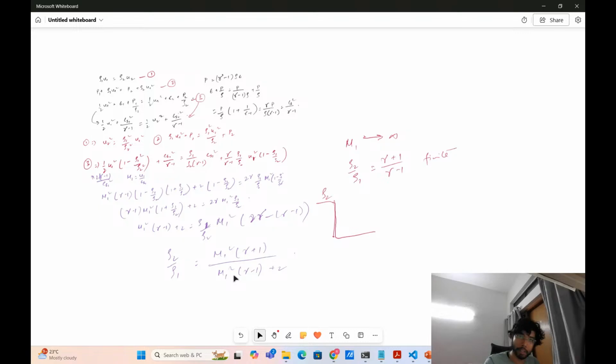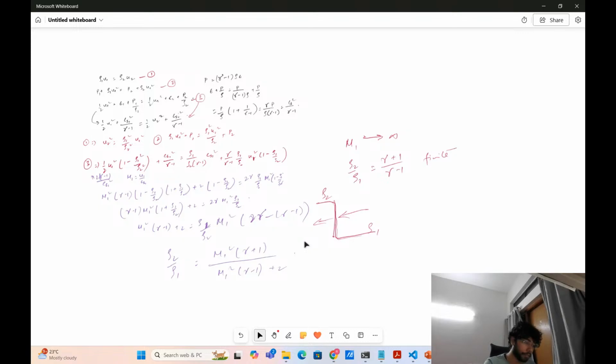So at the shock, rho 2 and rho 1, also if you can see that rho 2 is greater than rho 1. In this case, the velocities are in this direction, so that means the flow is going from right to left. So rho 2 is greater than rho 1, but the jump in the density is finite.